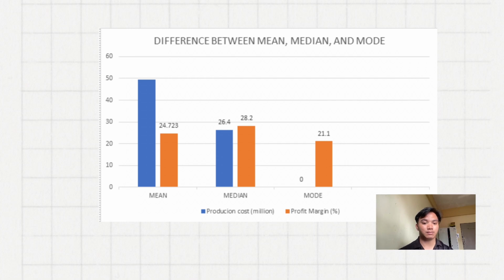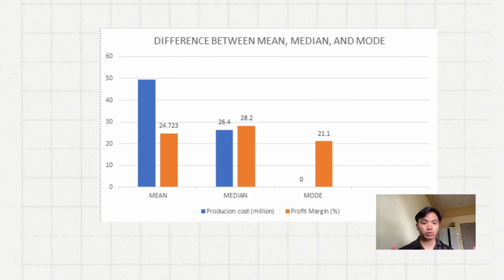Next is the mode. For production cost in million, there is no repeating value, so there is no mode. For profit margin percent, the most frequent value is 21.1.